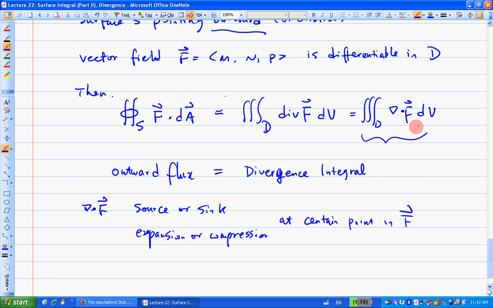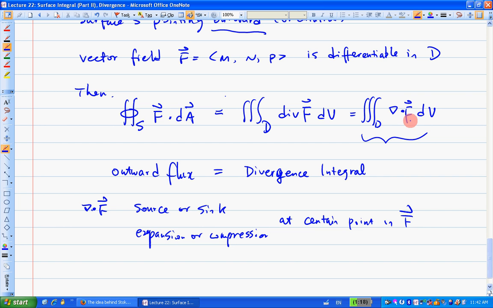So in the end, what this quantity tells us is the net effect. Is it going to be a source or a sink for this region D? Is it going to be compression or expansion for this region D? Basically, is there stuff coming out of the region D, or going into the region D? The net effect. That's what this triple integral does.